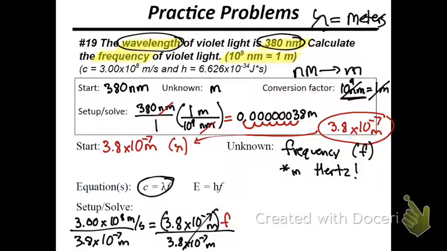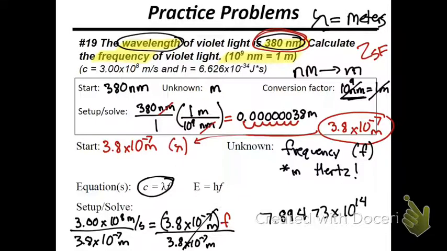The raw number that you should have spit out of your calculator is 7.89473 times 10 to the 14th. But remember, we want to round according to the rules of sig figs. This number, 380, has 2 sig figs.